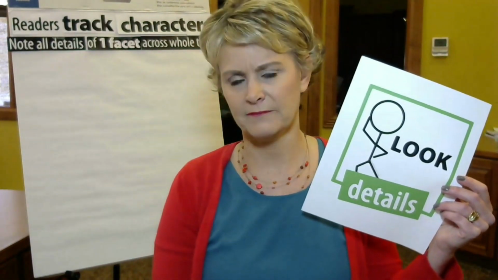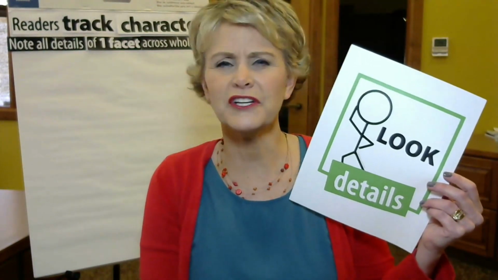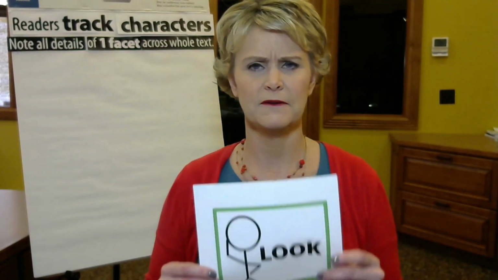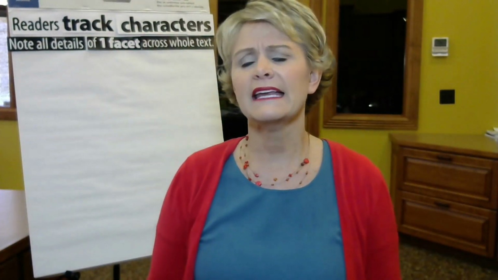Okay, so now wait a minute. That doesn't really tell you much about the character. You don't really get to know a character by their outer appearance, what they look like. I mean, I can have a really young character and the character is ruthless on the inside. I can have a really old character and the character is ruthless on the inside.